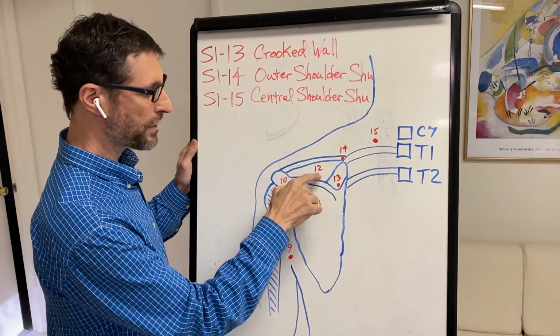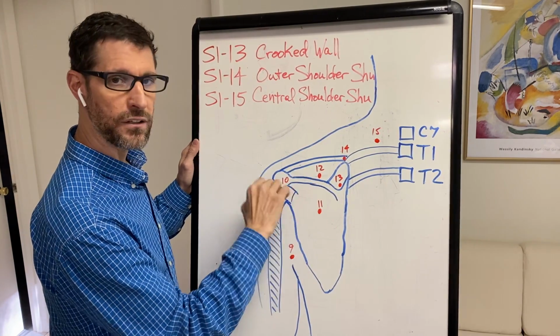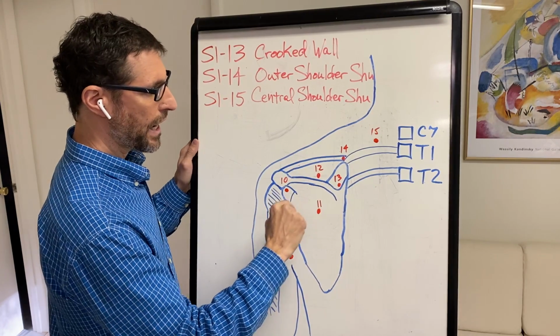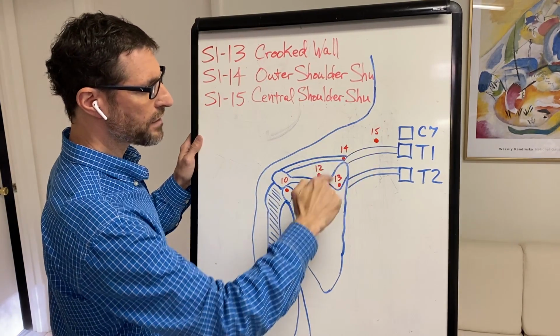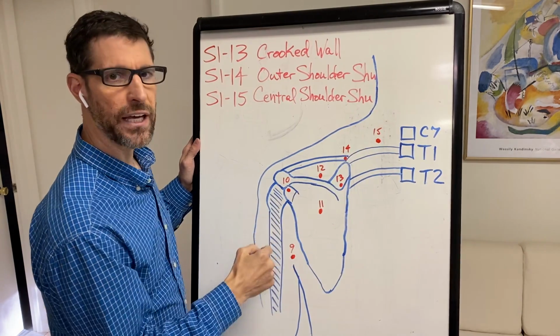Small intestine 12 and the area around it is actually the motor point for the supraspinatus muscle. And these are said to have a powerful effect on the motor nerve, affecting the levator scapula muscles.